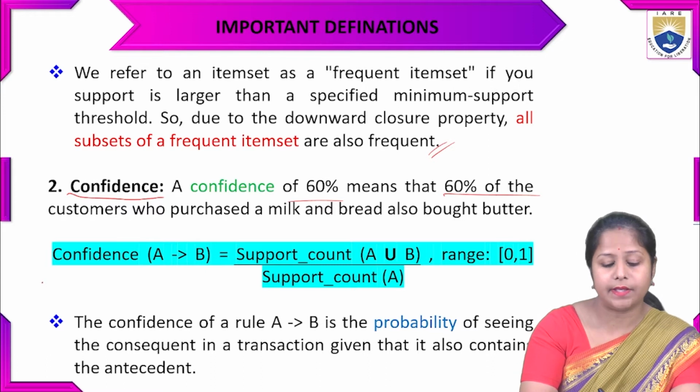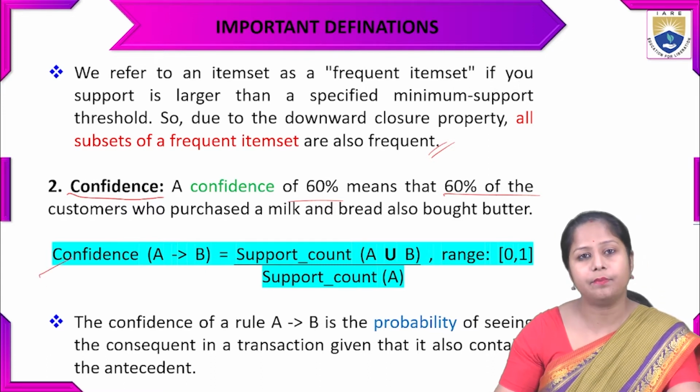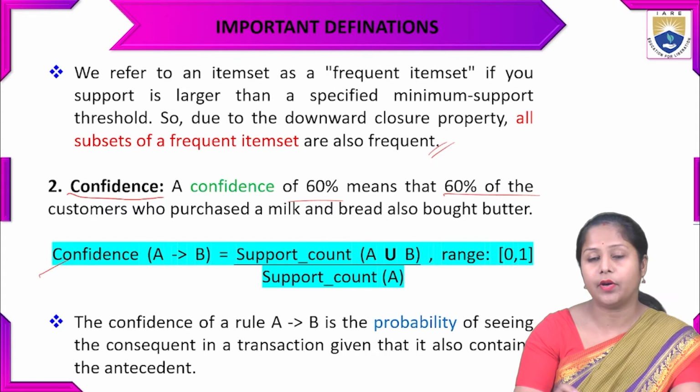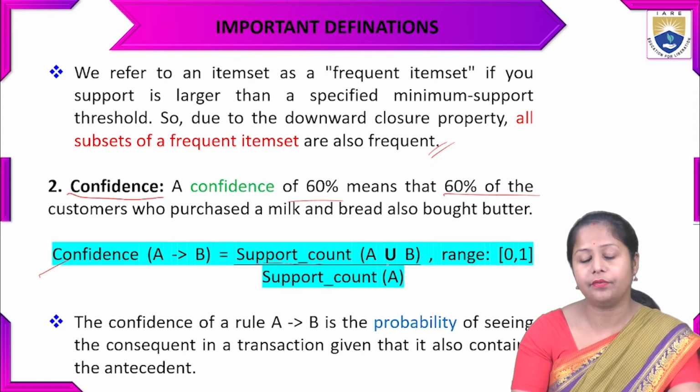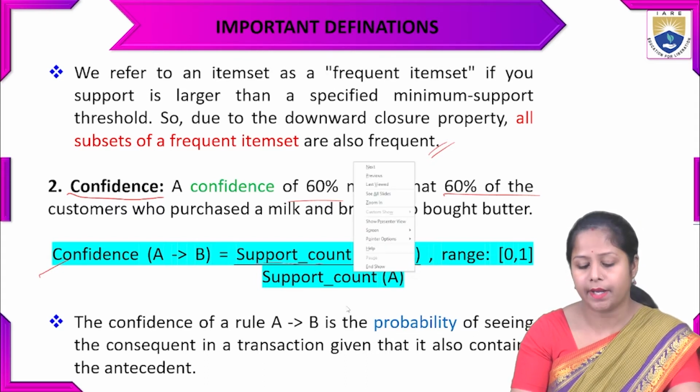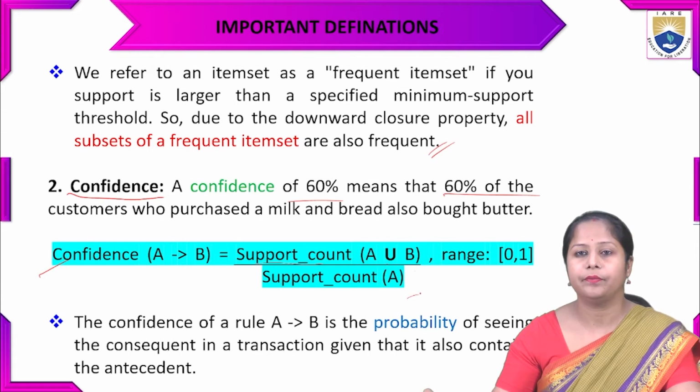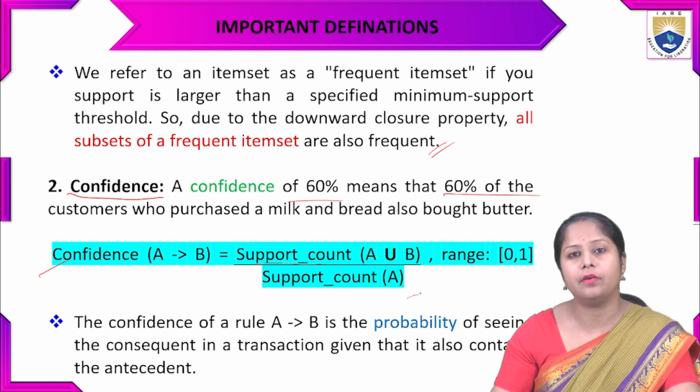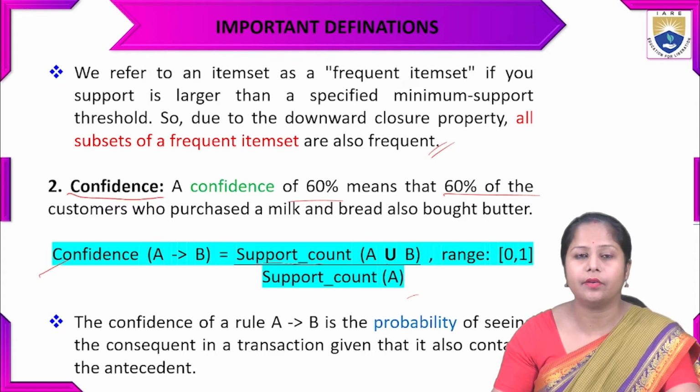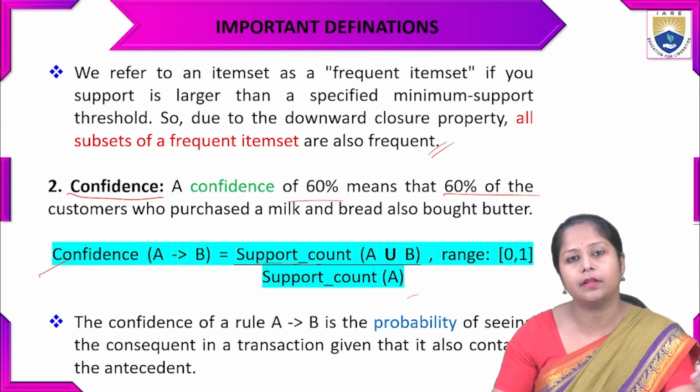In the formula we can see the confidence of A depends on B is the support count of A union B divided by the support count of A. That is, the support count where the item occurs in both of the item sets, divided by the count where the item occurs in the first item set, that is A.